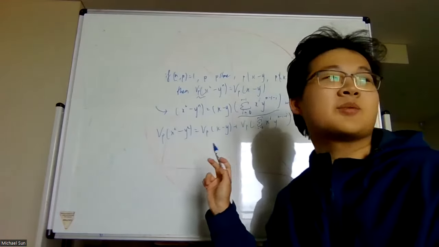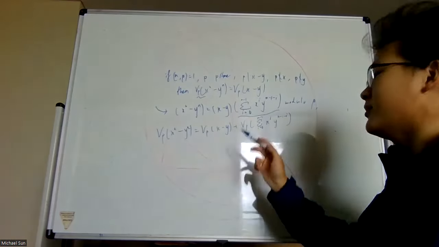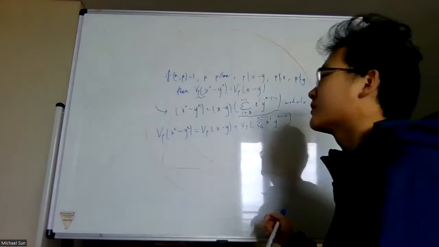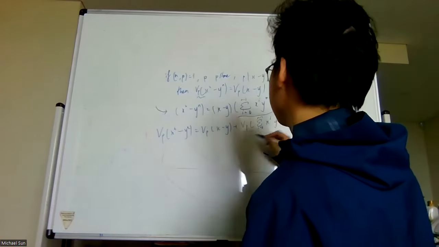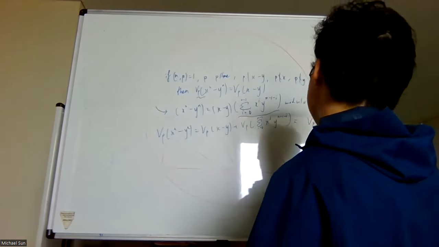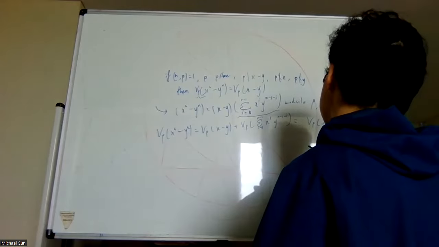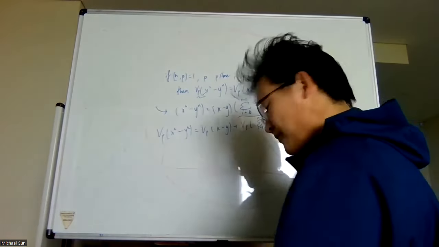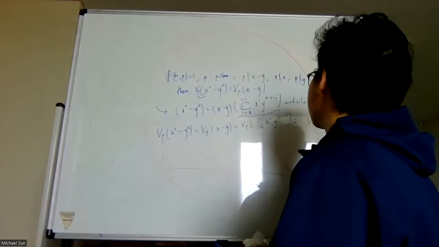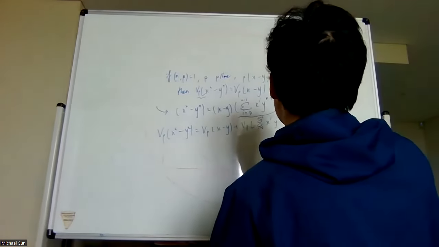Because you're basically multiplying them, and v_p is kind of like logarithmic. So we want to prove this equal to v_p, i.e. we want to prove the other thing equal to 0. Alright, hold on, let me get some more space.